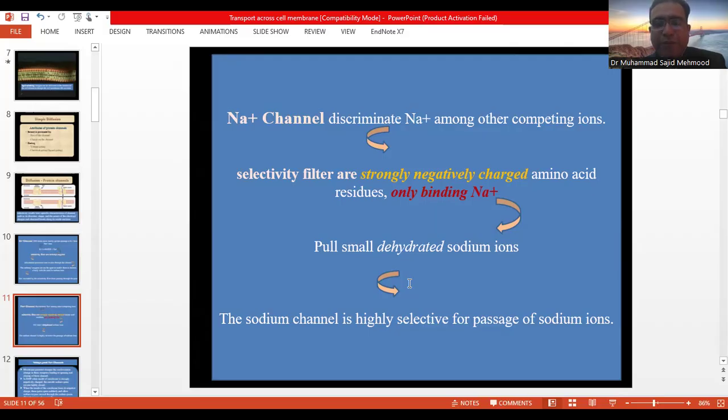Hence they pull the water from the sodium, and the dehydrated sodium ion can easily cross the sodium channel.